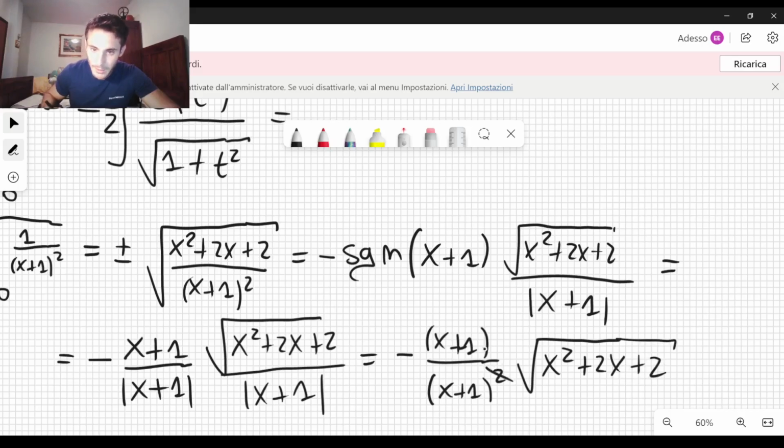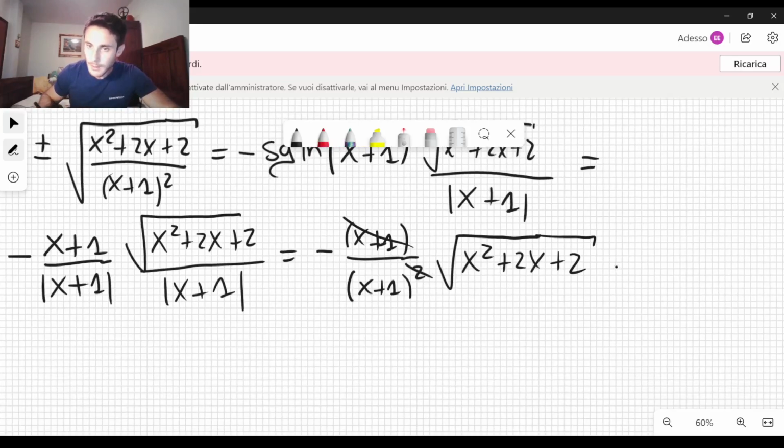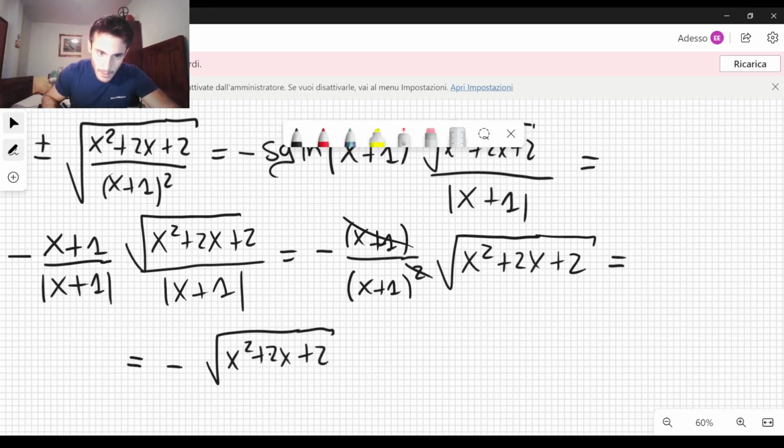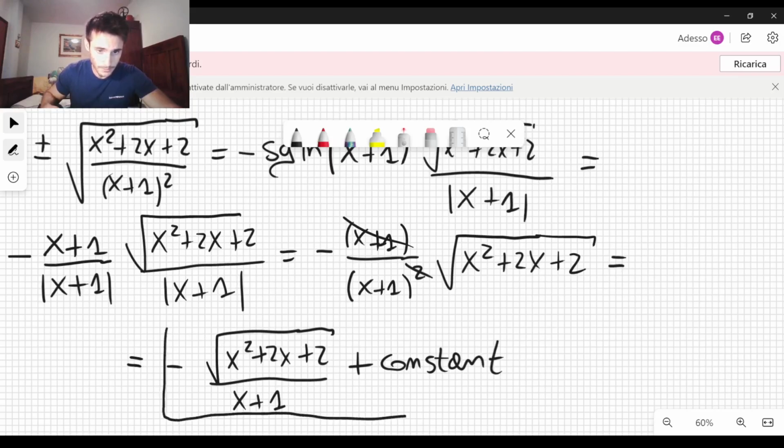We can cancel this with this, and therefore the result will be minus the square root of x squared plus 2x plus 2, divided by x plus 1 without any absolute value at all. If you want, you can add an additive constant in the result to be more general. And this is the result of the calculation.